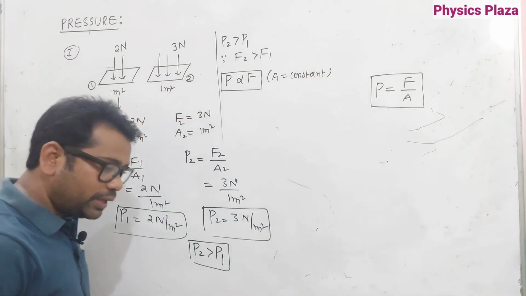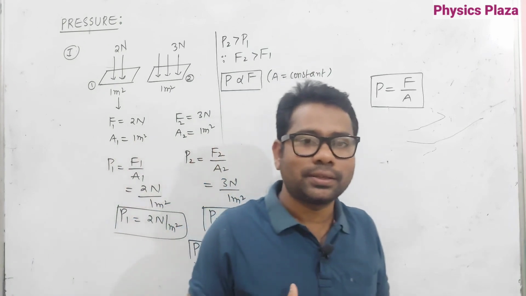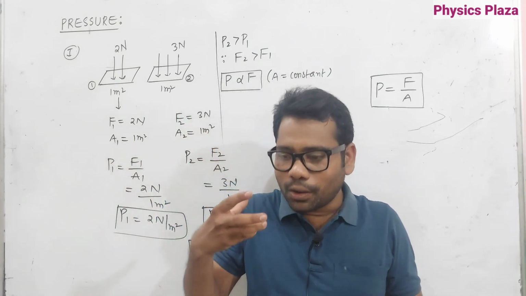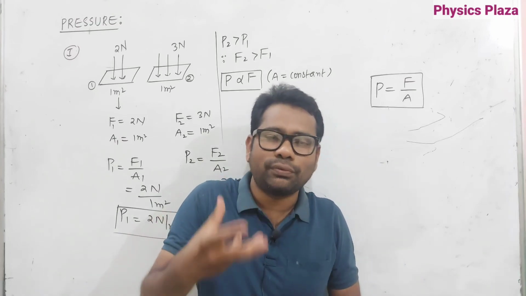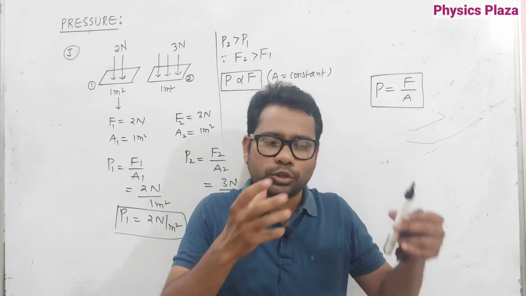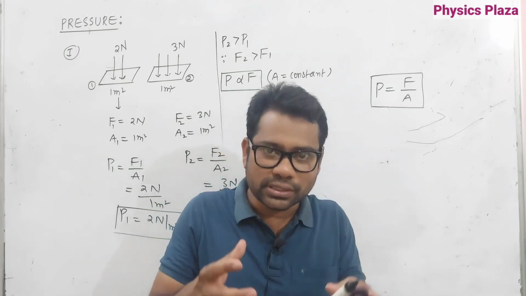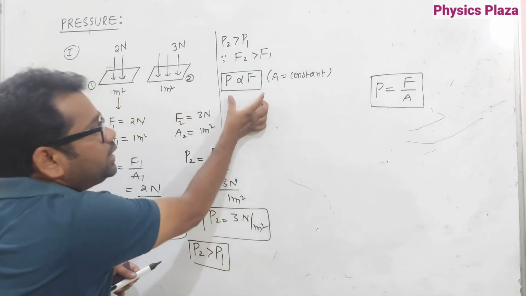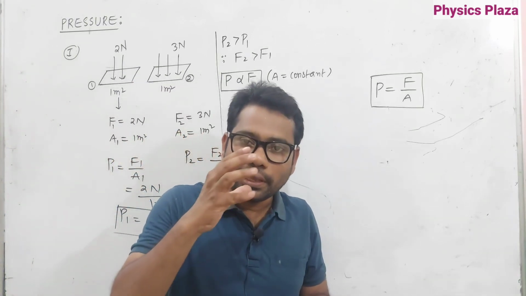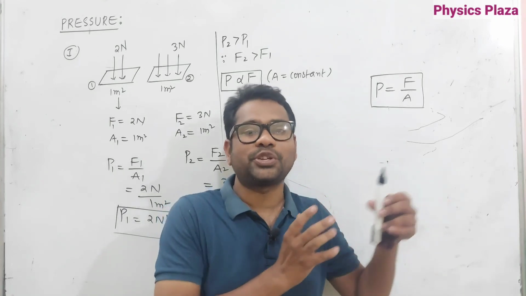Okay children, fine. In the exam they may ask how can we increase the pressure for a given surface area. If they ask us to mention how we can increase the pressure for a given surface area, you can say that by increasing the force, by increasing the thrust, we can increase the pressure.